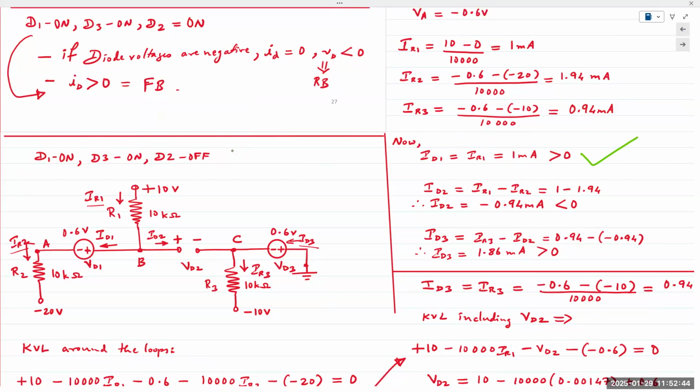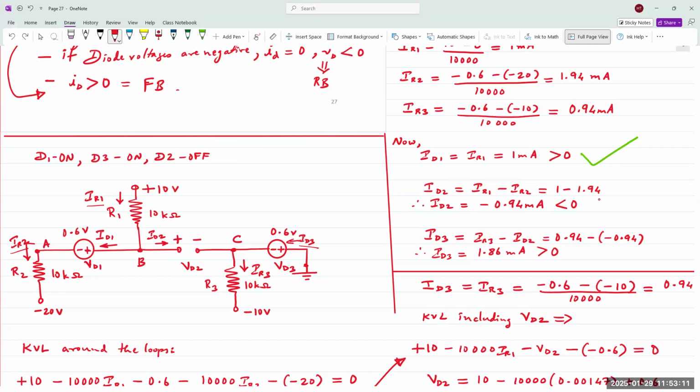ID2 is IR1 minus IR2, gives me minus 0.94 milliamps. So that is incorrect, right? I assume my diode to be on, so the current must be positive, but I obtained a negative number.